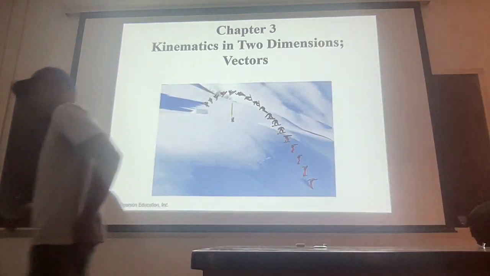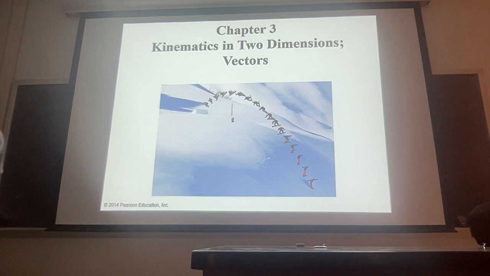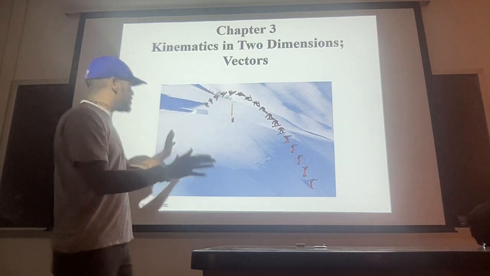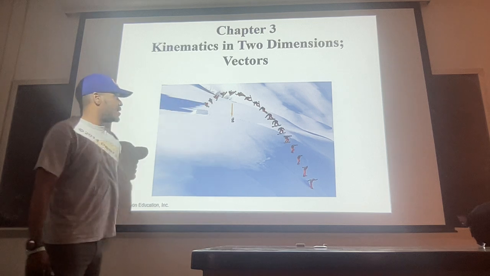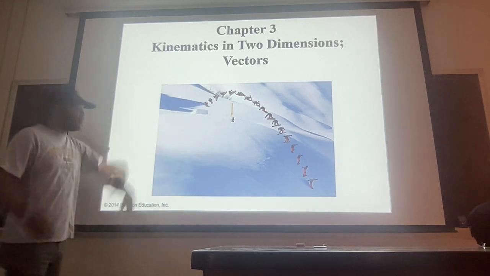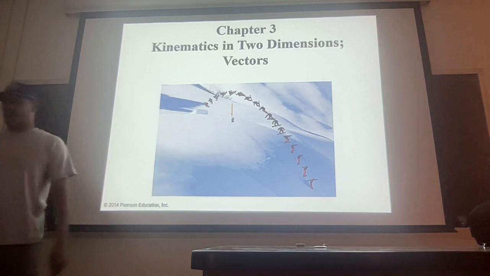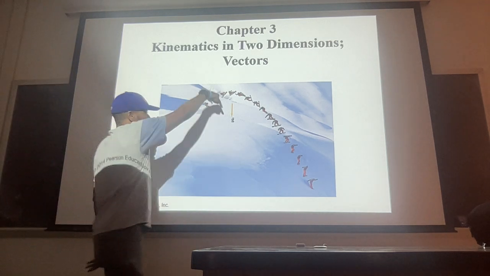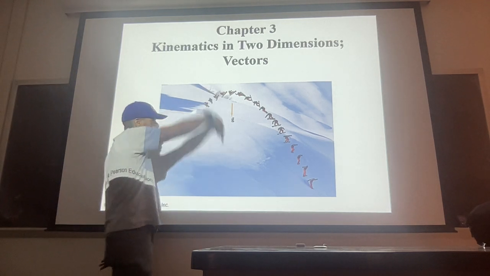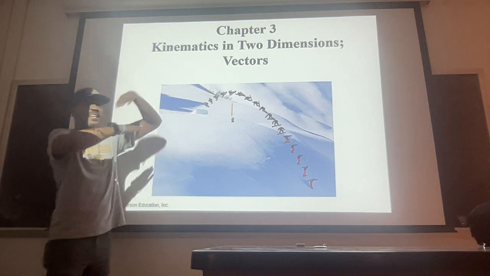So we're talking about motion in 2 dimensions. As you see here, the guy is skiing or something, and he's going down a hill. Not only is gravity pulling on him, but he's going down an incline.